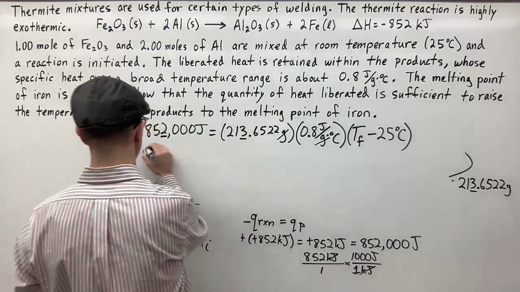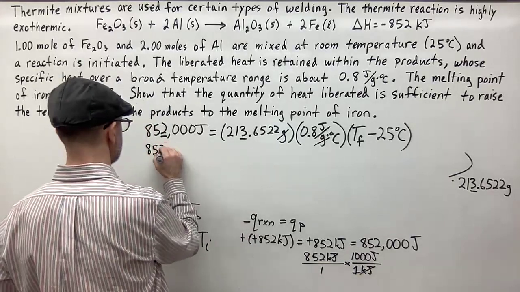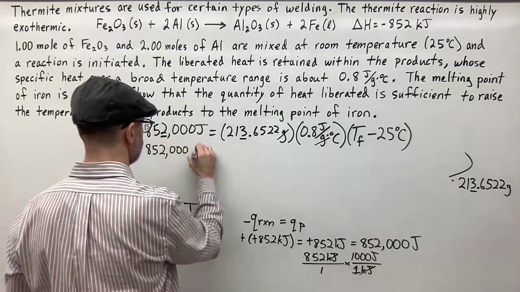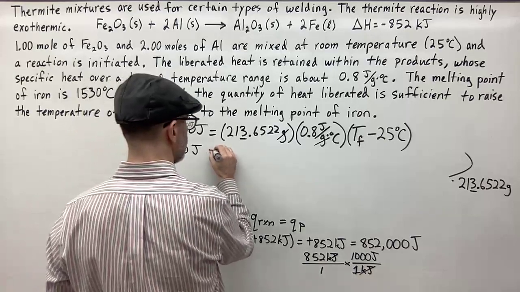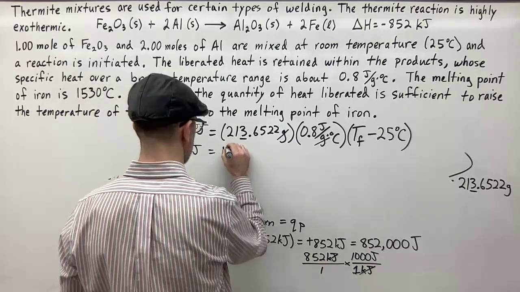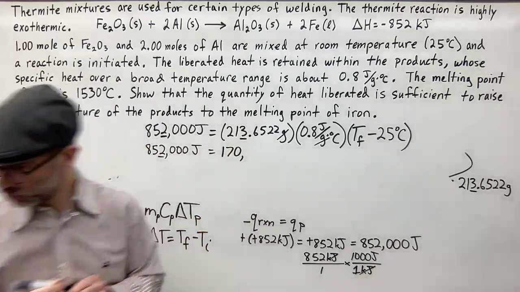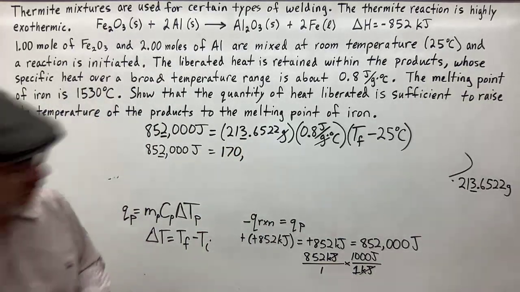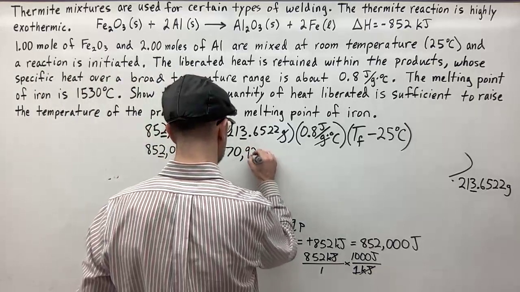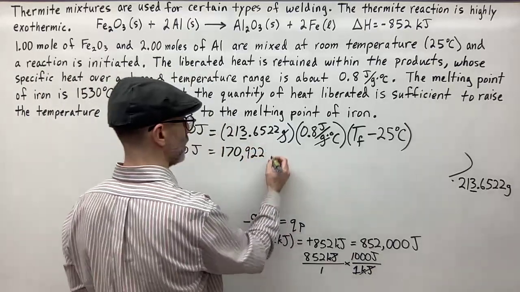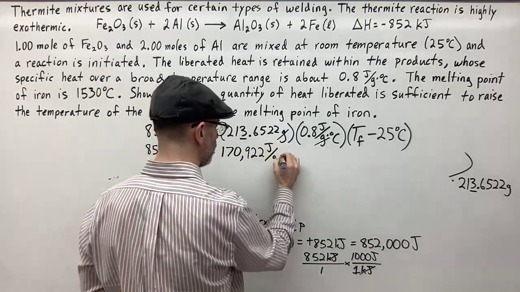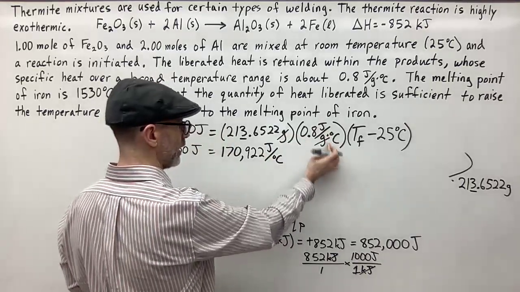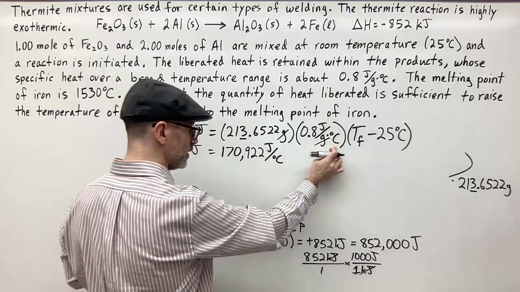So this is going to be equal to 852 joules equal to, and I get 170,922. And that's going to be joules over degrees Celsius because the grams cancel out and I have joules over degrees Celsius.